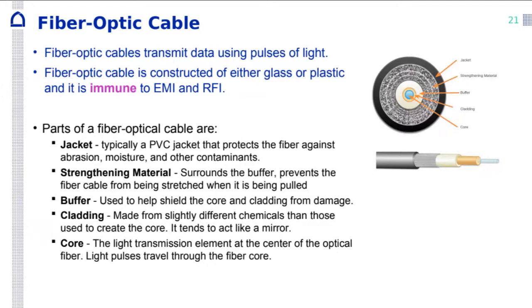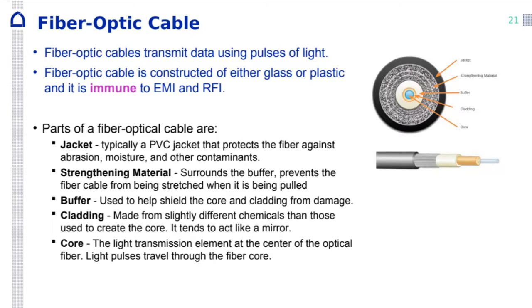Parts of a fiber optic cable are, here you have the jacket. Usually it's PVC plastic to protect the fiber. Then we have the strengthening material surrounding the buffer. Then we have the buffer used to help shield the core. Then we have the cladding.